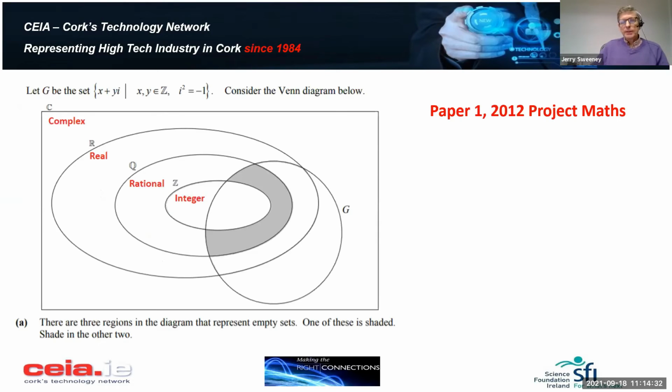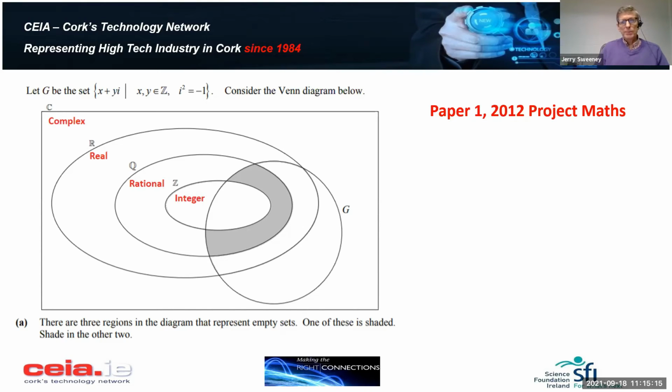This was a problem that was brought up in Project Maths in 2012. It took a Venn diagram, a bit simpler than the one I had two slides ago, but it introduced a little complication: it created a new set, capital G, to be the set of x plus yi, where x and y were members of Z, so they were integers, and i squared was defined as being -1.